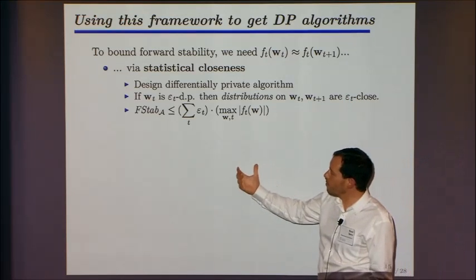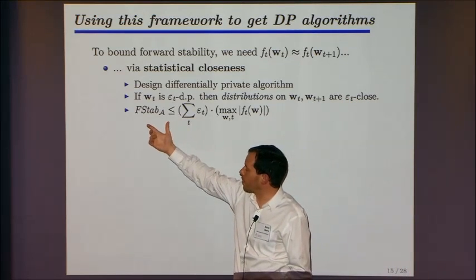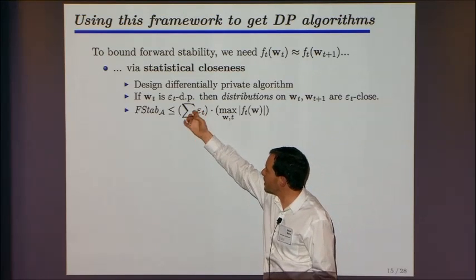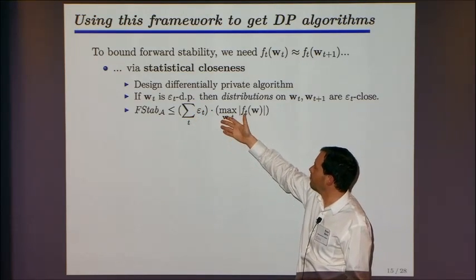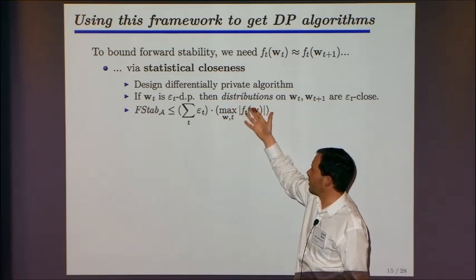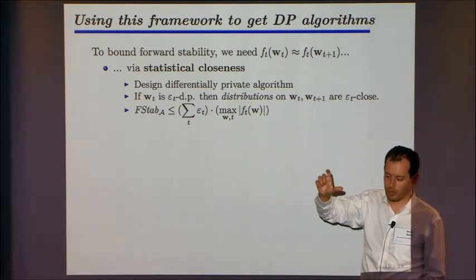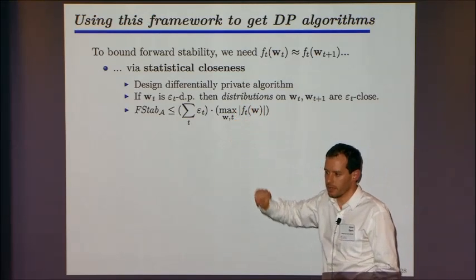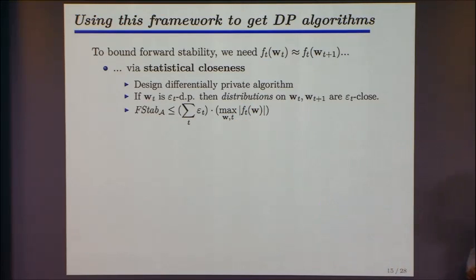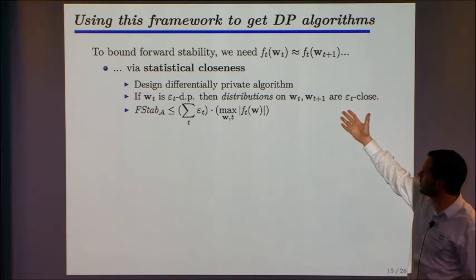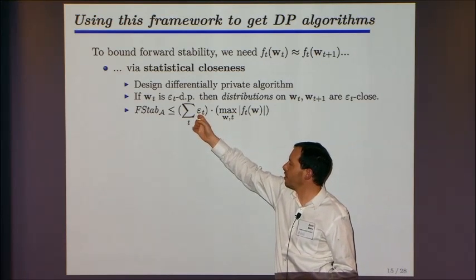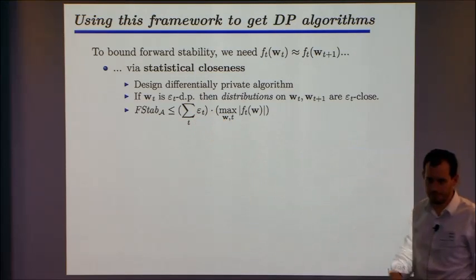And so the stability of the algorithm, the difference between real life and the crystal ball model, is at most the sum of these epsilons, times something like the maximum cost you could have paid at any one time step, since you have to scale it according to how big your costs can be. This is just a statistical distance argument. So this isn't exactly the sum of the epsilons. It's like e to the epsilon minus 1.